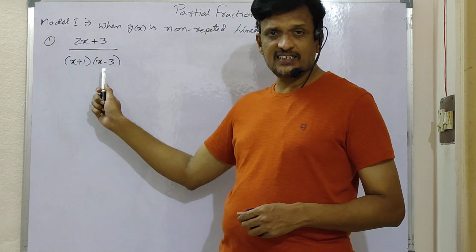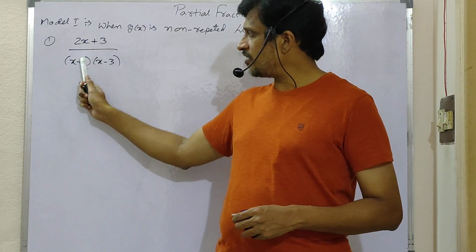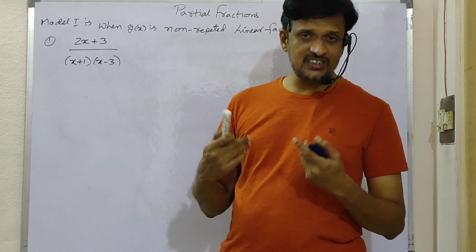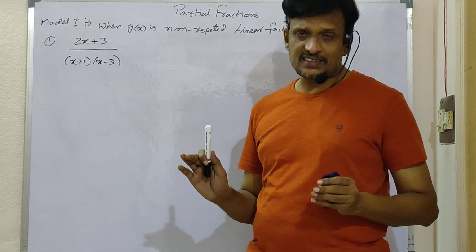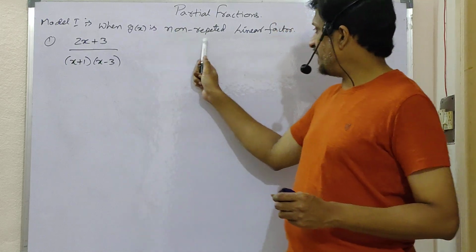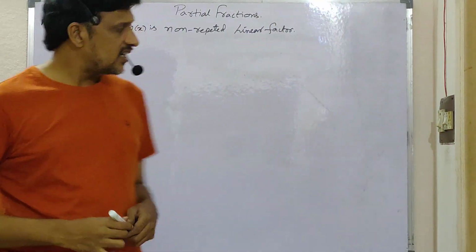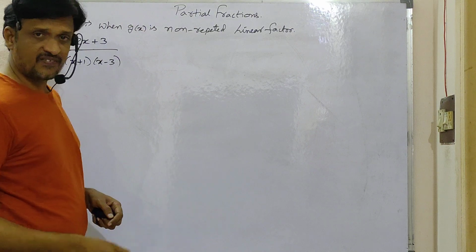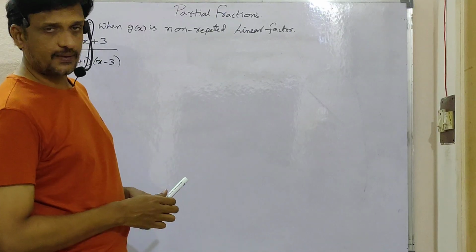Here the denominator g of x has x plus 1, a linear factor with power 1, so non-repeated. x minus 3 is another linear factor, which is also non-repeated. Before writing this as the sum of partial fractions, remember one thing: we have to verify whether this is proper or improper.